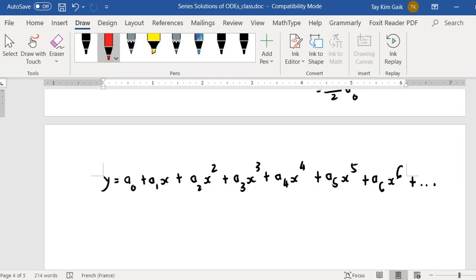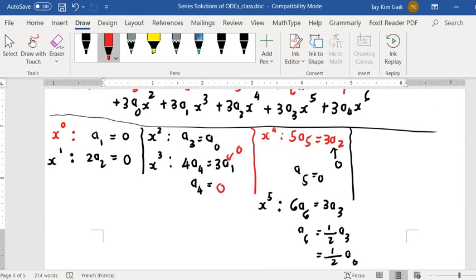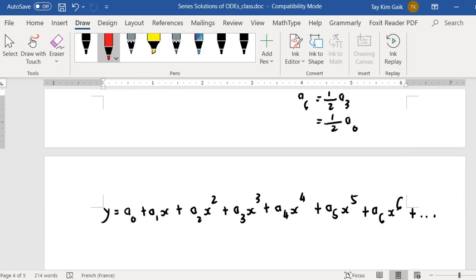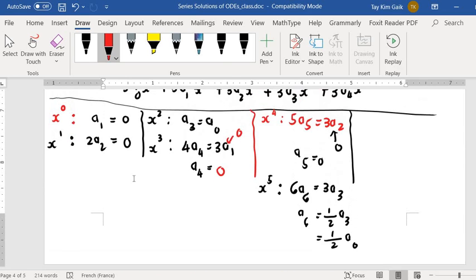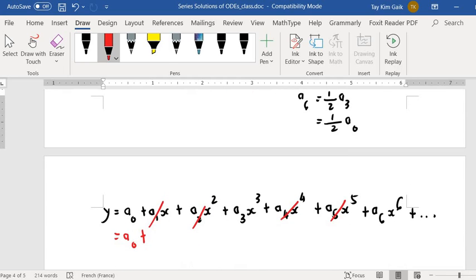Okay, and then we know a1 is 0, a2 is 0, a4 is 0, a5 is 0. And a3 is equal to a0, so x cubed. a6 is half a0.